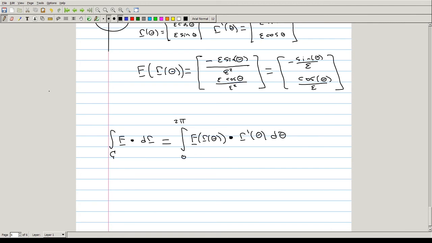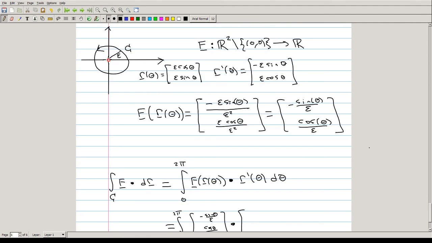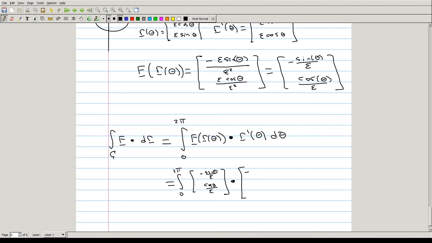So when we go to evaluate this line integral, this becomes the integral from 0 to 2 pi of this vector, negative sine theta over epsilon, cosine theta over epsilon, dot product with r prime, which is negative epsilon sine theta, cosine theta.